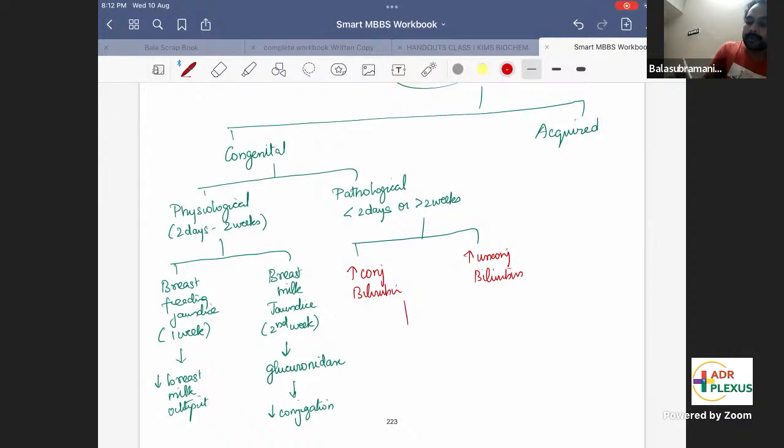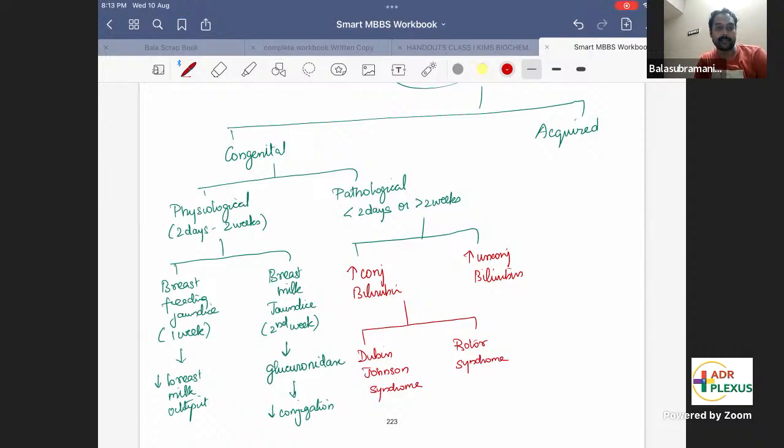So the conditions in which direct bilirubin or conjugated bilirubin is elevated are two. One is called Dubin-Johnson syndrome. The other one is called Rotor syndrome.